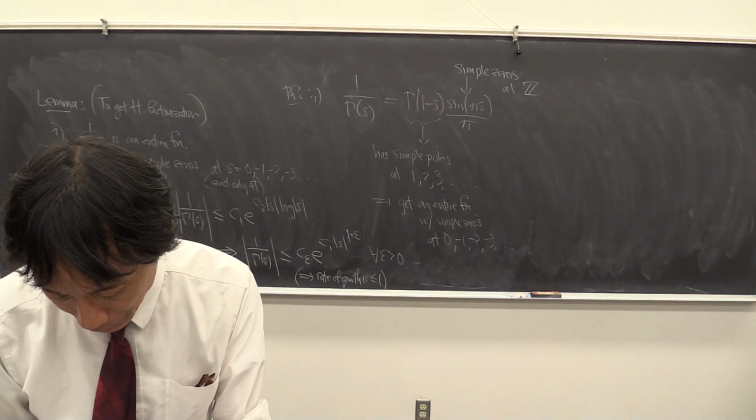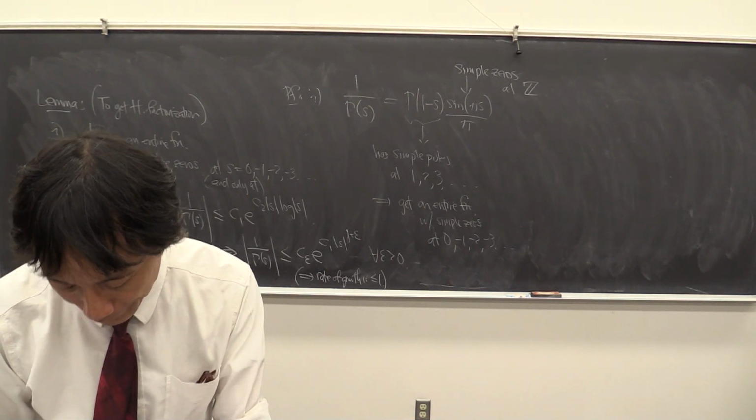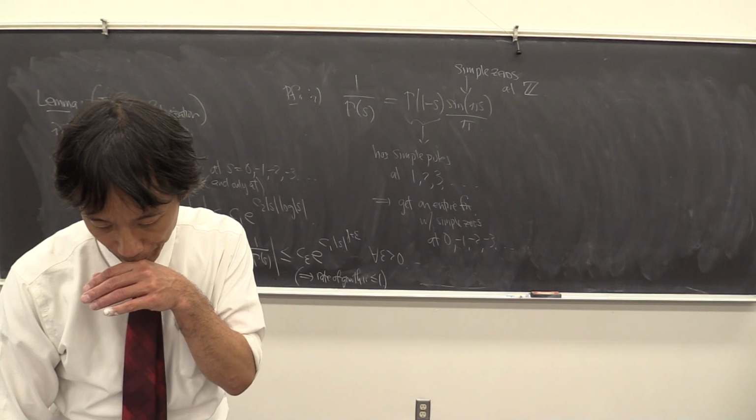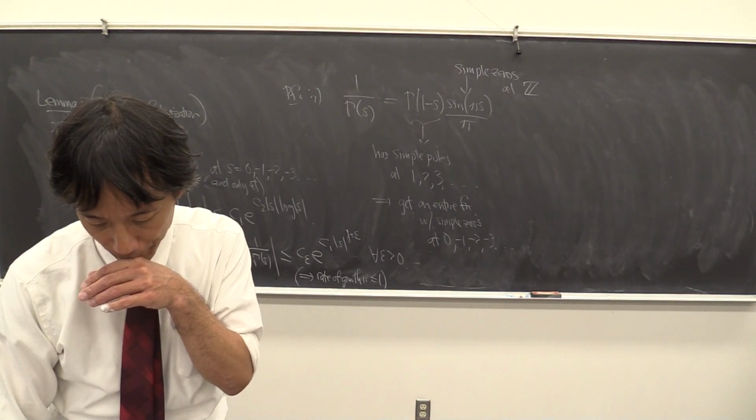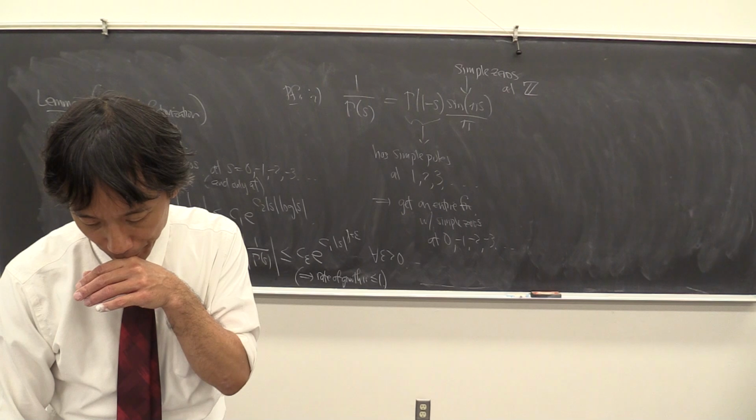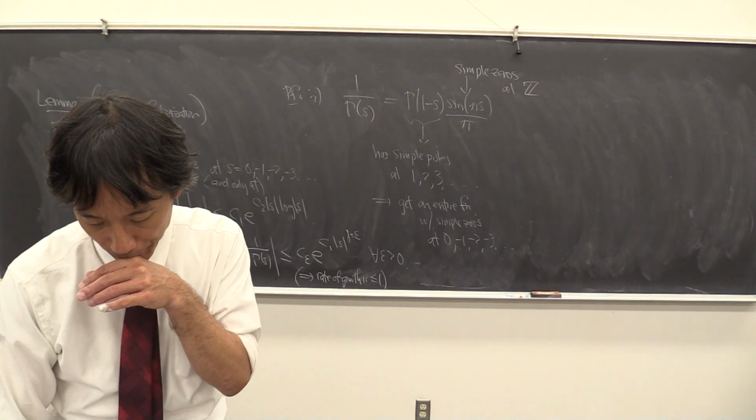The gamma has zeros, so it couldn't cancel itself. If gamma had zeros, then one of the gamma would be entire.